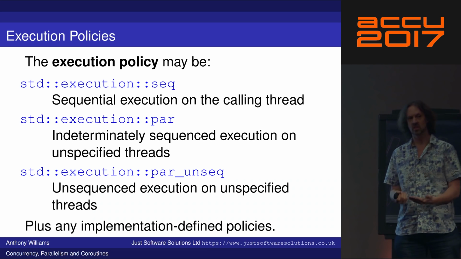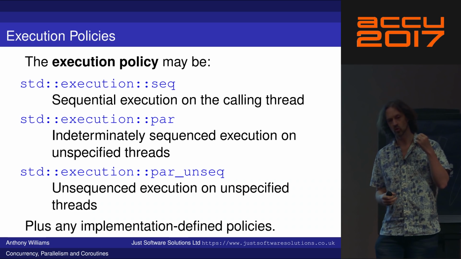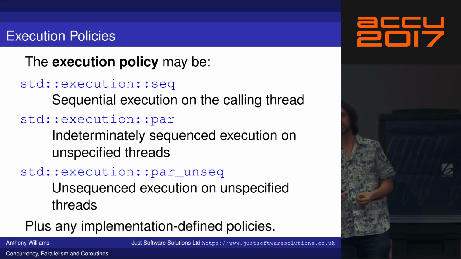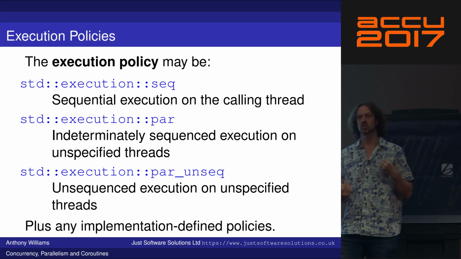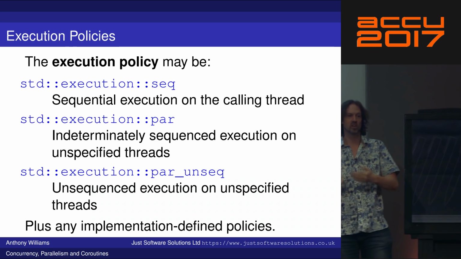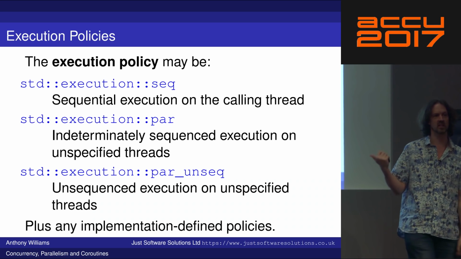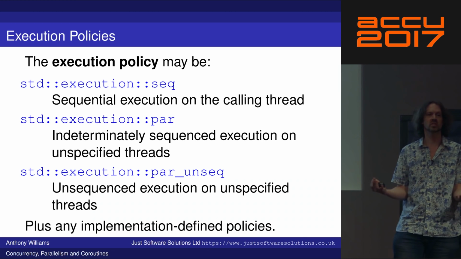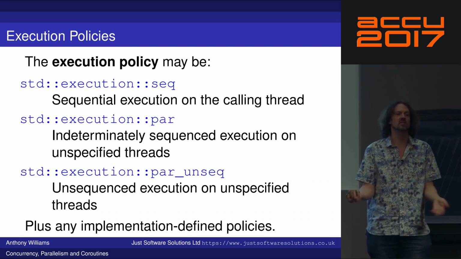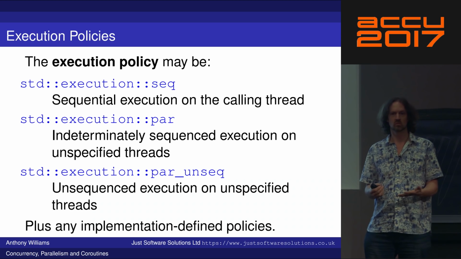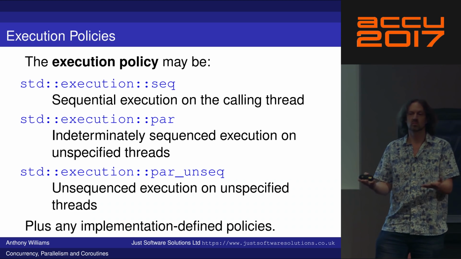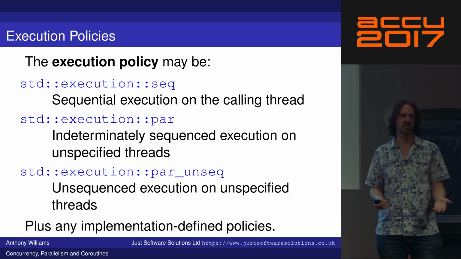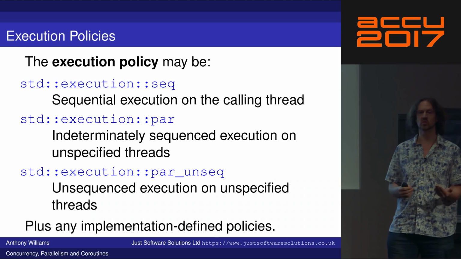So it's all on the single thread that makes the call. Then probably the one that you're going to use most of the time is std::execution::par, which says we're going to run all the steps of the algorithm, but on an unspecified set of threads. So, yay, multi-threading, parallelism. This is probably what you're going to use most of the time.